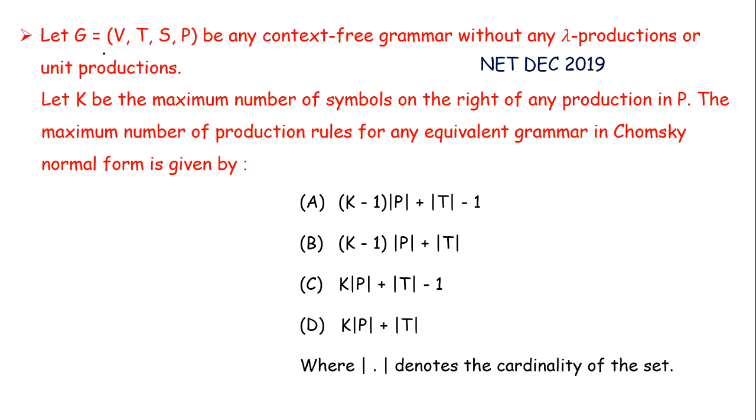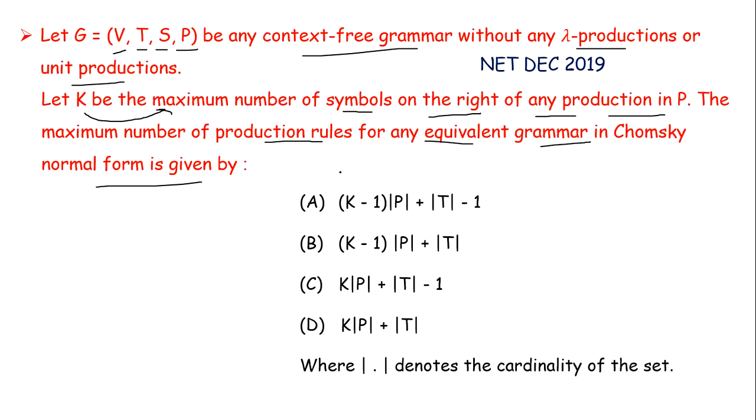Next is, let G equals (V, T, S, P) be any context-free grammar without any lambda production or unit production. Let K be the maximum number of symbols on the right side of any production in P. The maximum number of production rules for any equivalent grammar in CNF, that is Chomsky normal form, is given by. We are given K as the maximum number of symbols, and we have to find the maximum number of production rules.